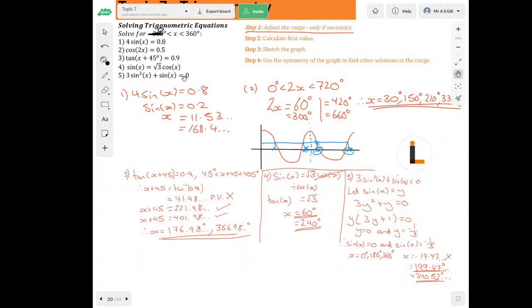But the common theme through all of them is the idea of using the symmetry to get the other values, finding the primary value and then using the symmetry and the graphs to get the remaining values. So it's really important that we have a solid understanding of how to use those graphs, and we know the key values on them as well.